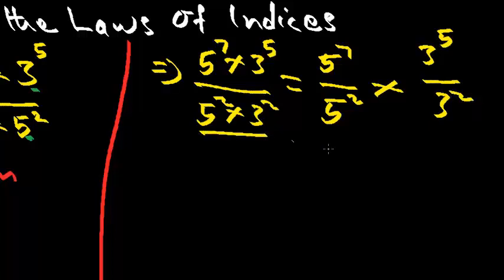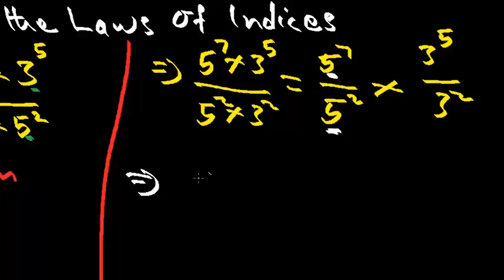What we have here is the same as what we have before. Once we get it this way, we can start applying the laws of indices. By the law of division, if the bases are the same, then subtract the index of the denominator from the index of the numerator.